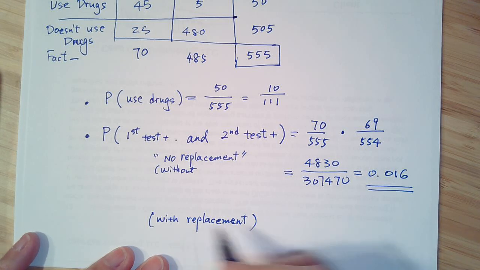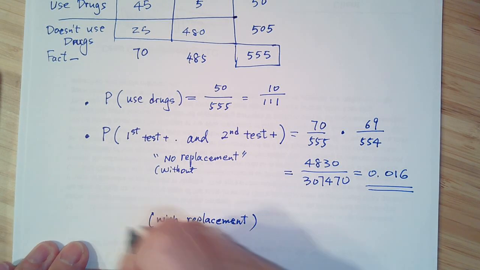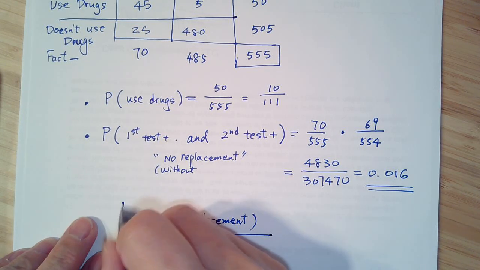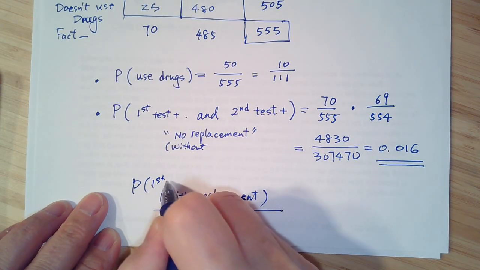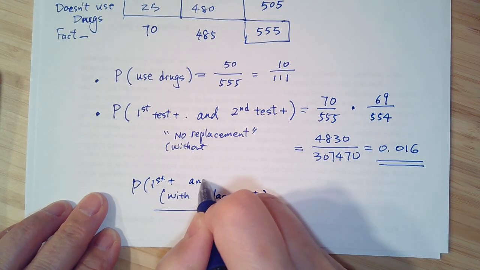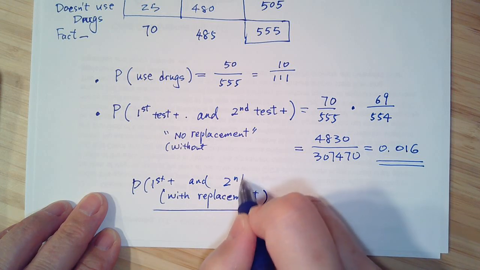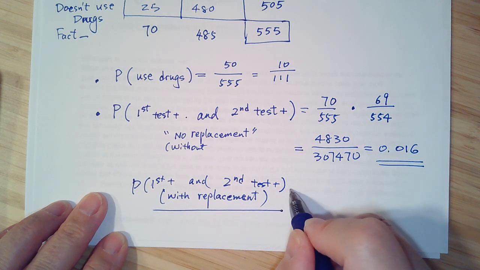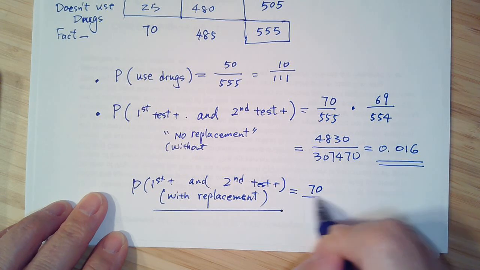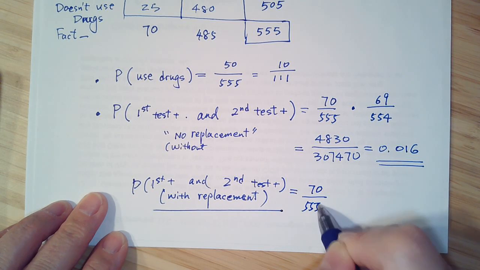All right, now what about with replacement? Okay, then the probability that the first positive and the second test positive. So the first positive will be 70 over 555, and we know that.